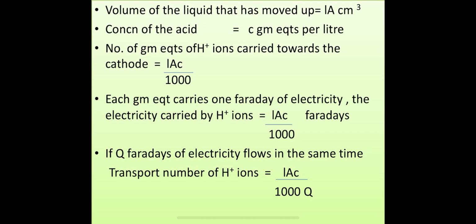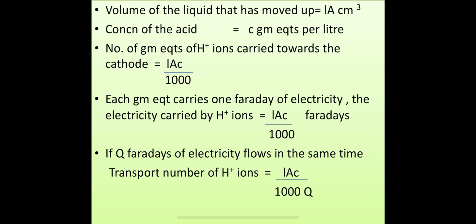Then the volume of the liquid that has moved up is equal to LA cm³, where A is the cross-sectional area of the tube in cm², and let C be the concentration of the acid.